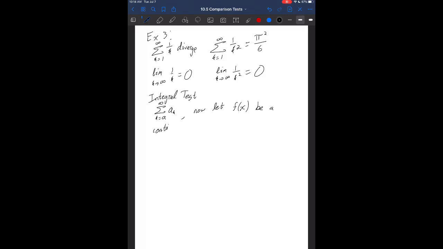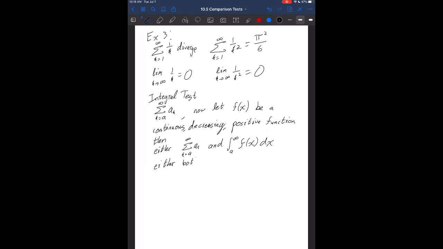All right, so now let f of x be a continuous, so there's no gaps in it, decreasing, so negative first derivative, always going downwards, and positive function. Then either the sum from k equals a to infinity of a_k, and the integral, right, integral test makes sense, from a to infinity of f of x dx, either both diverge or both converge.